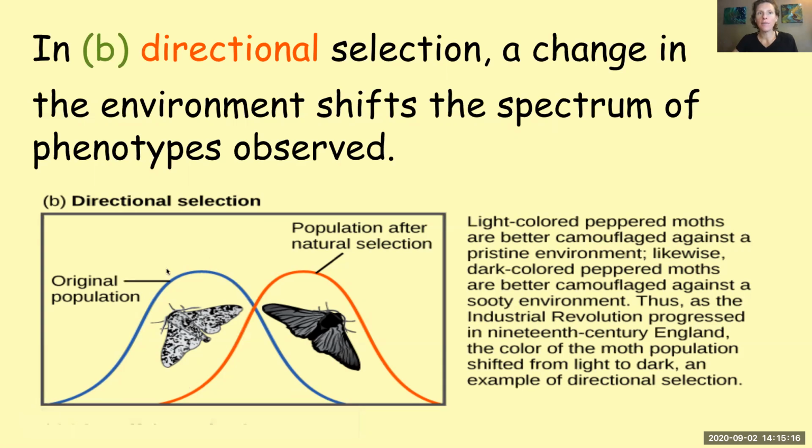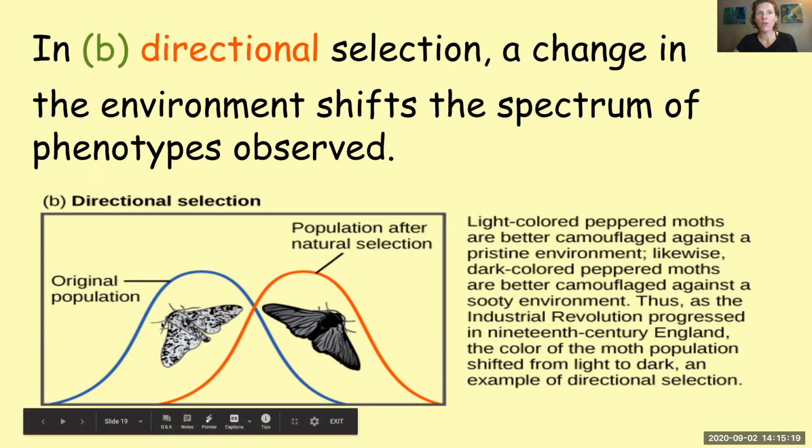In the original population, although the majority of the moths were peppered colored, there were some moths that were black. Once the soot covered everything, the black moths survived, and so they reproduced. So with this directional change, over time you see a decrease in the allelic frequency of the peppered color and an increase in the allelic frequency of the black color.